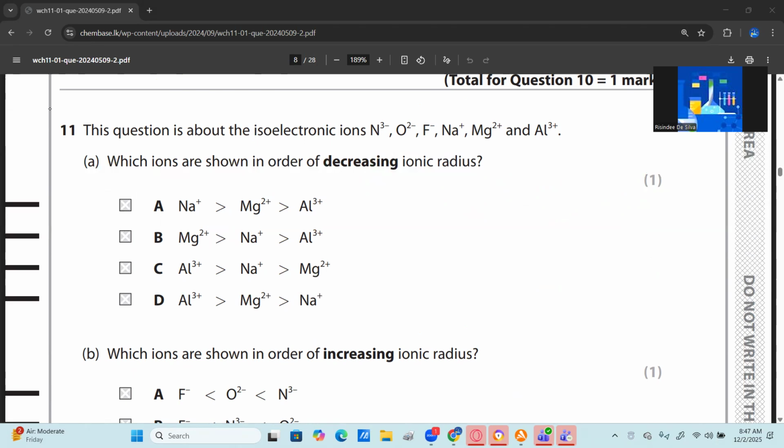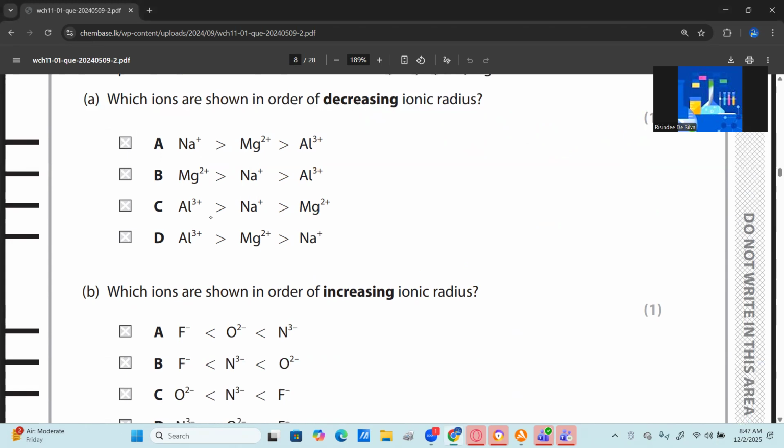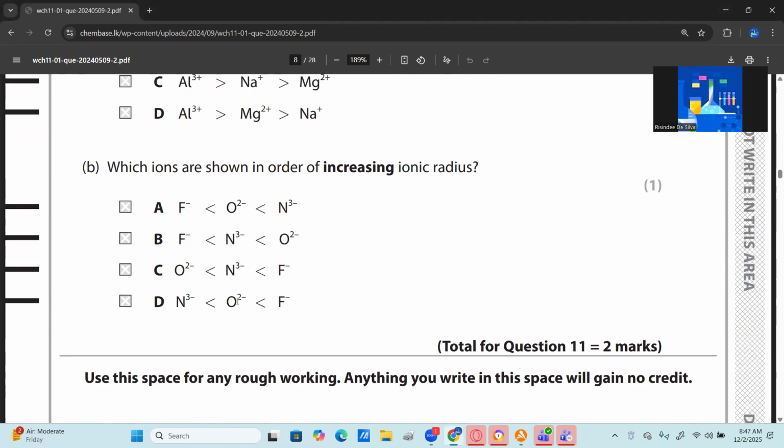If you take B, which ions are shown in order of increasing ionic radius? So if you take fluorine, oxygen, and nitrogen ions, they also have the same number of electrons, but their number of protons are different. Fluorine has 9, oxygen has 8, and nitrogen has 7.